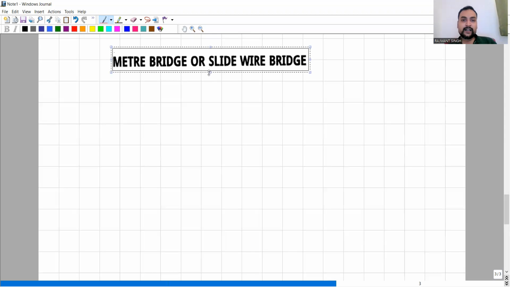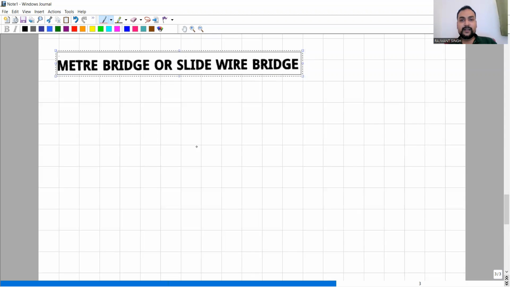Remember, I taught you that there is a one meter long scale, which you will find in your experimental lab in your college, and that one meter long scale was converted into a potentiometer. Now we are going to convert the same one meter long scale with a wire upon it, that is a meter bridge, into a Wheatstone bridge. So we are going to use it for a Wheatstone bridge setup.